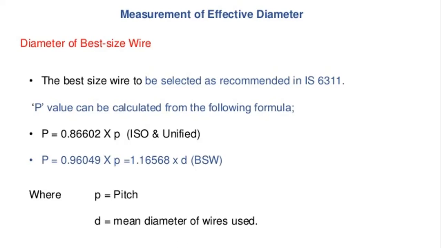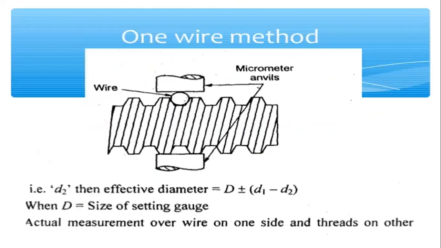Regarding the measurement of effective diameter, when we have to take the effective diameter by using the one wire method, this is one of the best methods in taking the measurement of effective diameter for screw thread measurement.